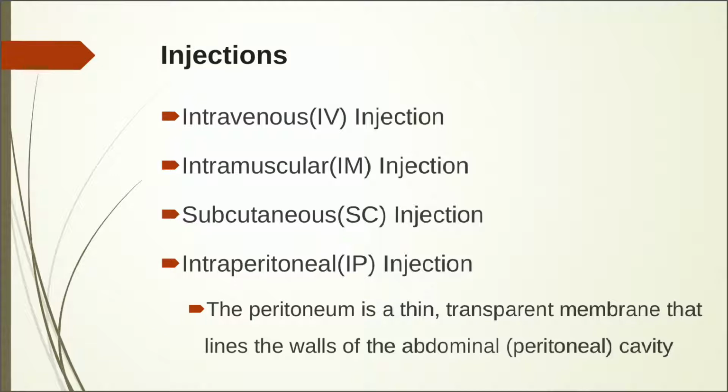It is given into the peritoneal cavity of the body in the abdomen region. The peritoneum is a thin transparent membrane that lines the wall of the abdominal cavity. So these are the four most used injection routes for drug administration.